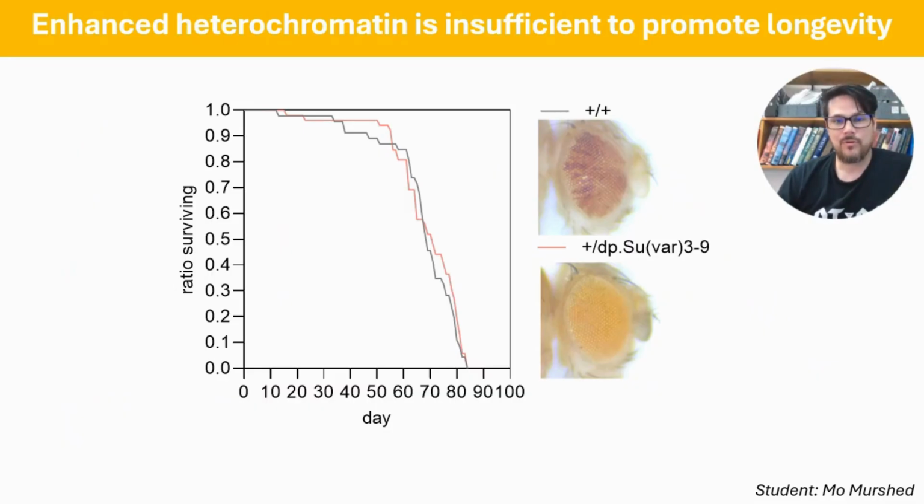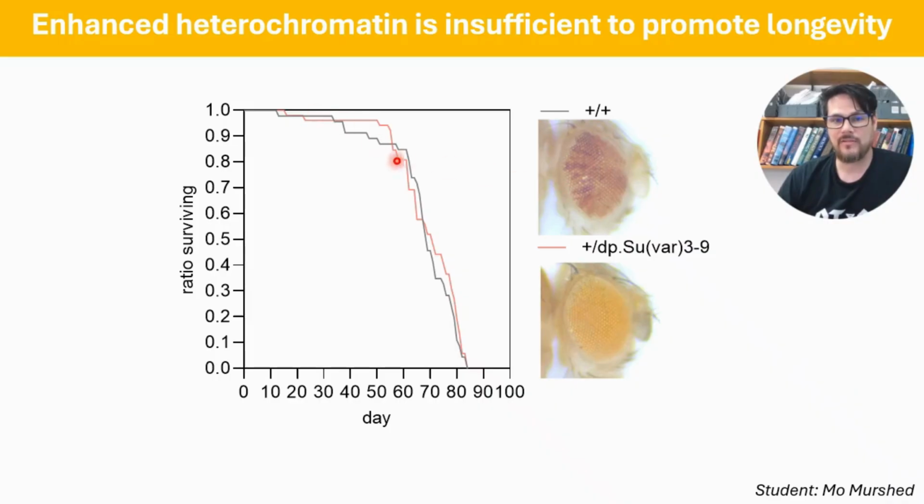And to further support that, we have a genetic manipulation here in which we have a duplication and an additional copy of the SUVAR39 gene, which encodes for that histone methyltransferase that will promote heterochromatin formation. And we can see phenotypically that it appears to do that based on PEV phenotype.